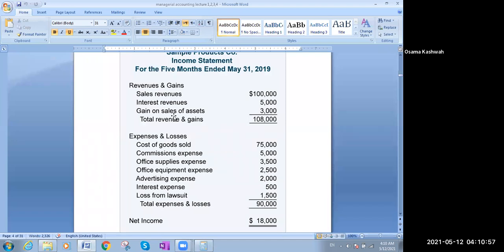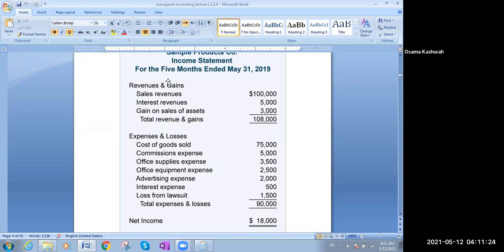Gain on the sales of assets: for example, I sold assets for 5,000 and I earned 2,000 as profit. So those are also gains on sales of assets. So any revenues will be here. When we add 100,000 plus 5,000 plus 3,000, all will come to 108,000. This is the total revenues.